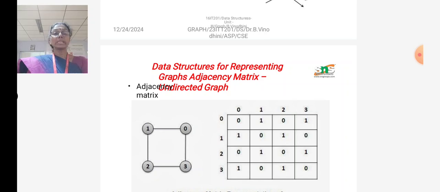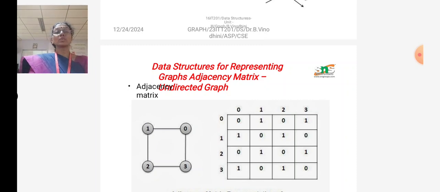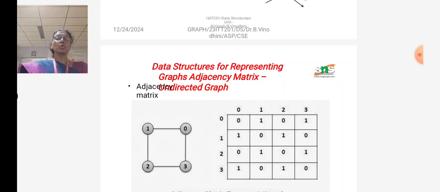For each row we represent it like that. For the 0th vertex there is no self loop, so its own position contains 0. From 0 the adjacent vertices are 1 and 3, so for those we mark 1.